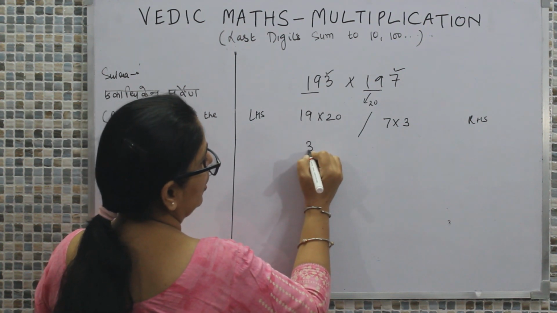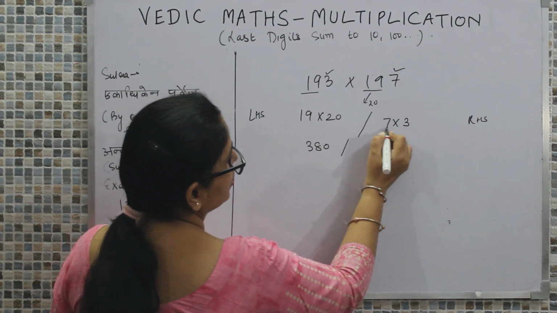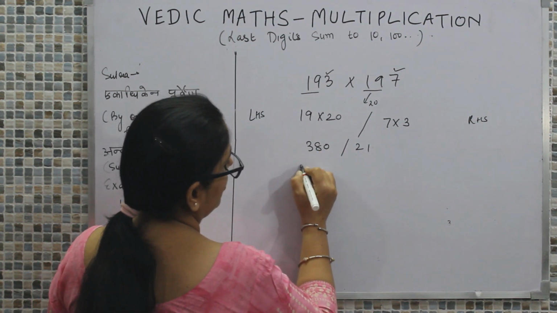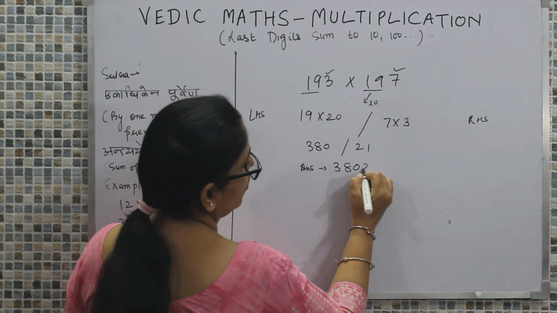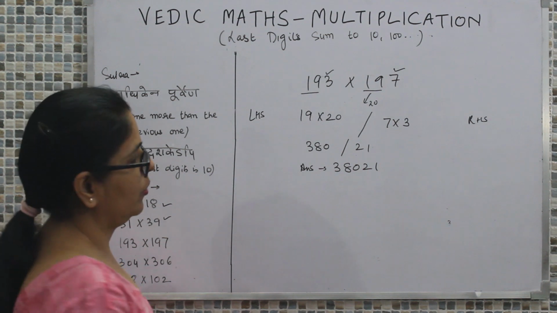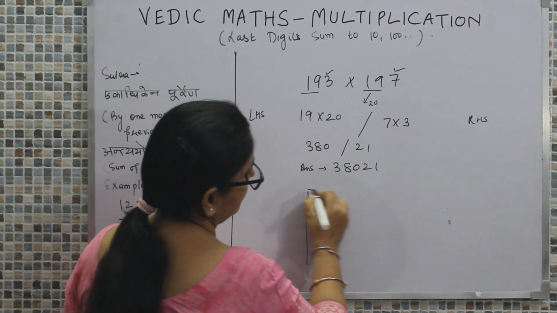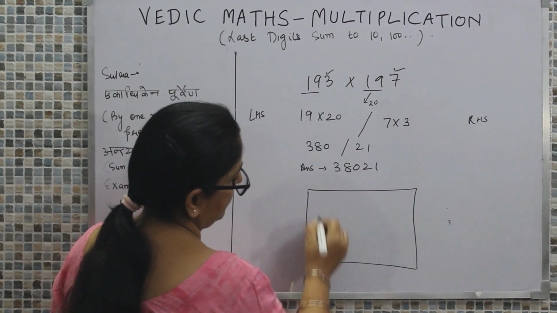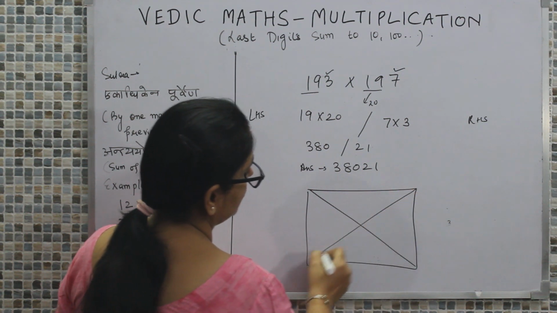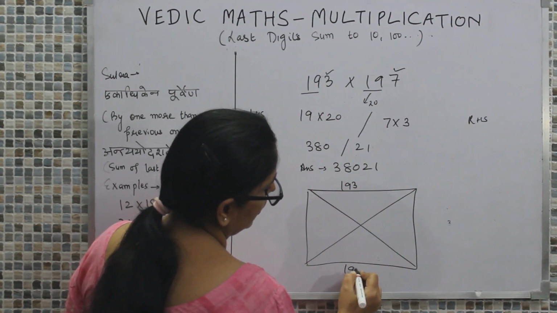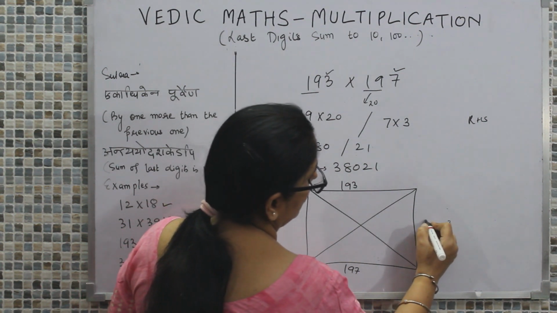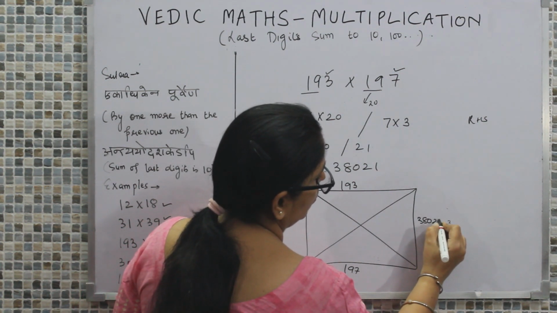19 2s are 38. We'll append a 0. 7 3s are 21. So our answer is 38021. Verification part: 193, 197, 38021.